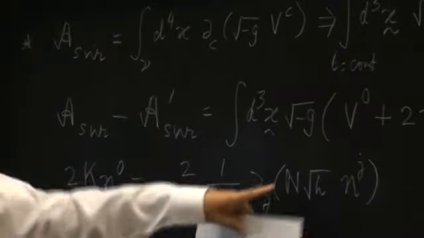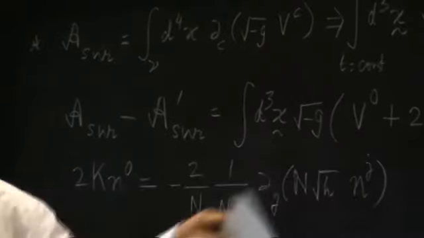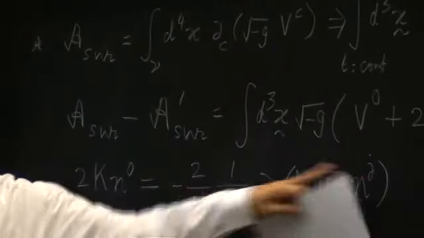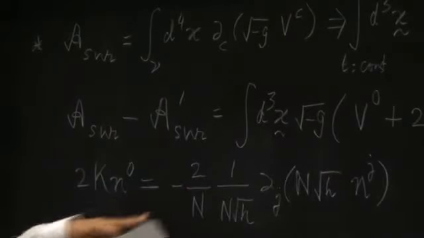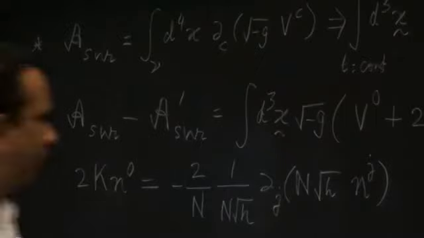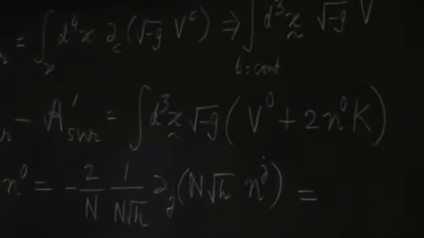Okay, this is just expanding out di of ni or dj of nj, 1 over root minus g dj of root minus g nj. That gives you the k with this extra minus sign. This is n city. So you have this expression, and now you want to work this through.